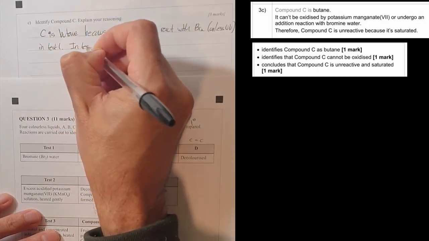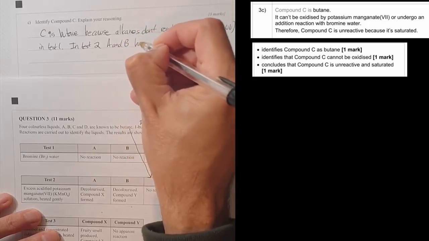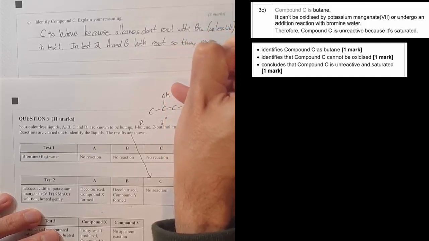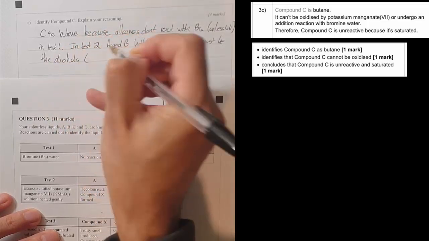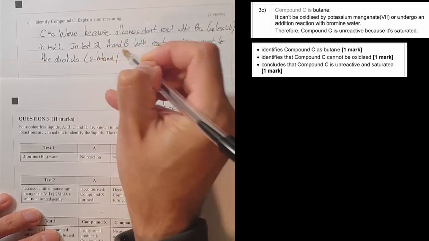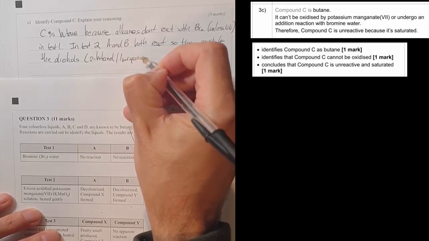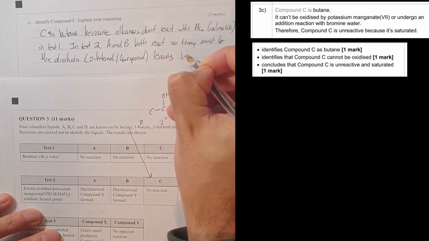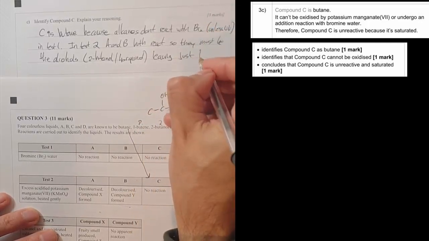In test 2, A and B both react, so they must be the alcohols, which is 2-butanol and 1-propanol, leaving just butane.